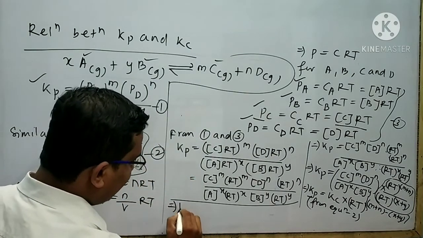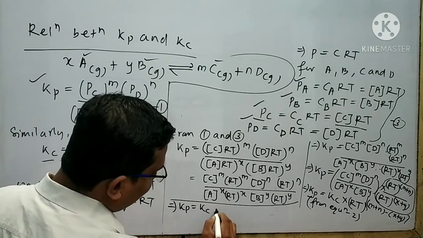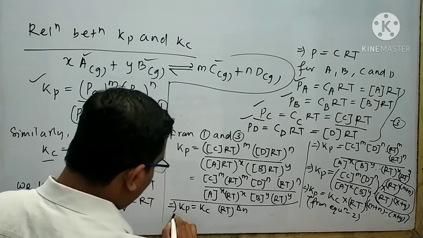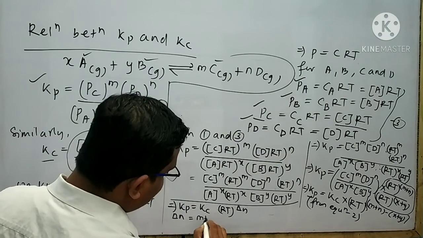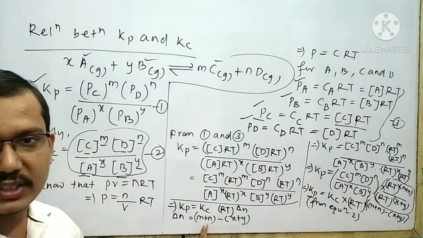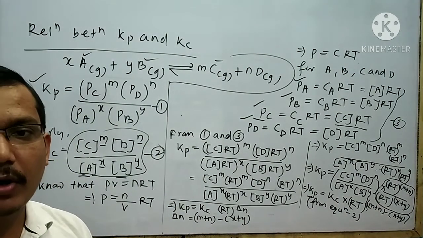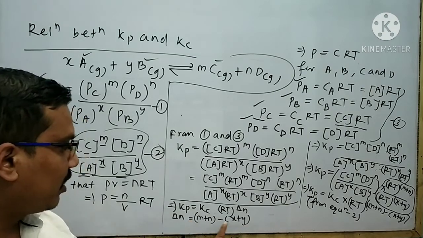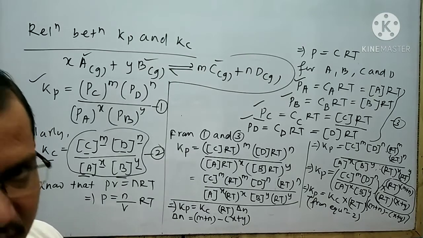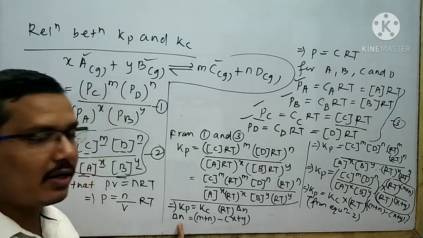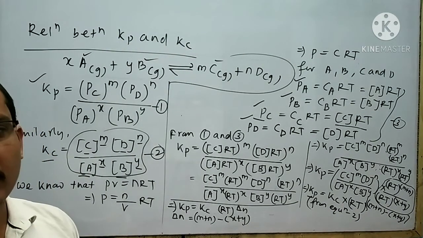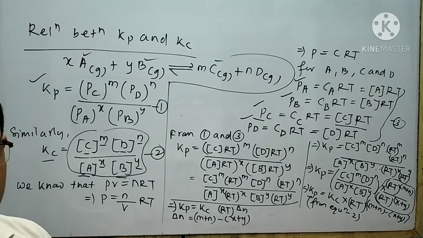I can also write Kp equal to Kc into RT to the power del N. Here del N equal to M plus N minus X plus Y. Here M plus N represents the number of moles of gaseous products and here X plus Y represents the number of moles of gaseous reactants. So del n equals number of moles of gaseous product minus number of moles of gaseous reactant.